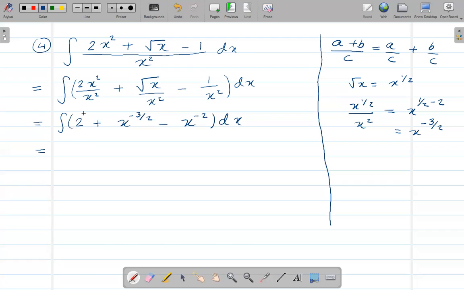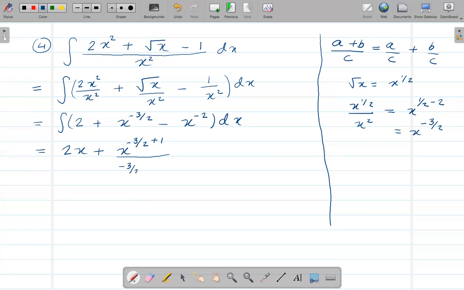First, let's take the integration of 2. I'm not going to write that distribution step. I'll just directly take the integration. If you take the integration of a constant, it will be that times x, since we are integrating in terms of x, plus x to the power negative 3/2 plus 1, over the same thing, negative 3/2 plus 1, on the bottom.